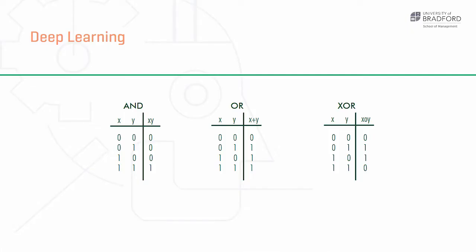But if we consider XOR, this function is a little bit more difficult, because XOR doesn't refer to a direct relationship between the input data and the output data. If you notice, it is not the values of the input that directly determine the values of the output.